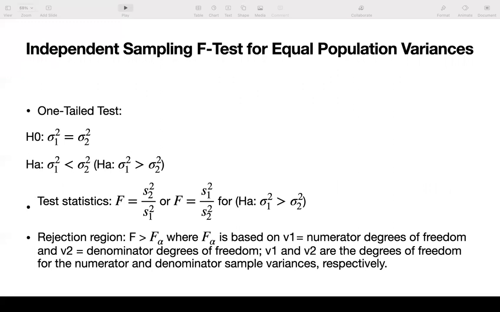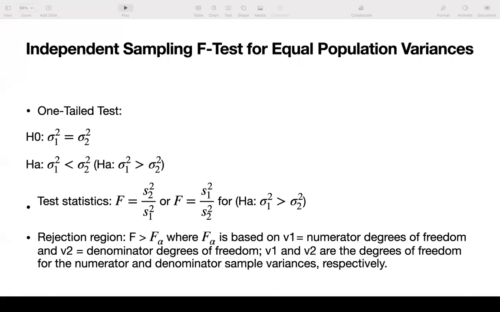So here we have the independent sampling F-test for equal population variances. First we have the one-tailed test, where the null is that the two sigma squared are equal, and the alternative is that sigma 1 squared is smaller than sigma 2 squared, or sigma 1 squared is larger than sigma 2 squared. We also have the test statistic, where F equals S2 squared divided by S1 squared, or F equals S1 squared divided by S2 squared.